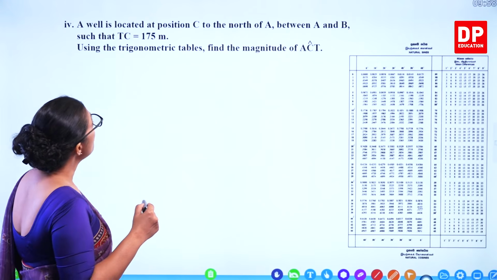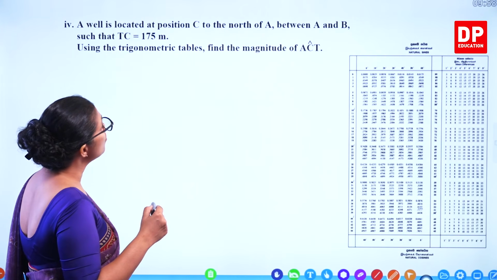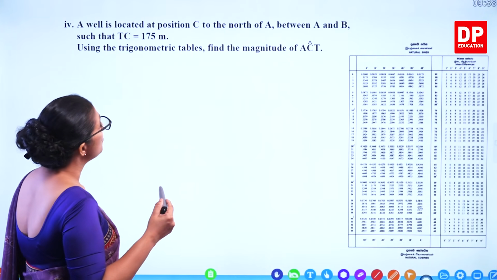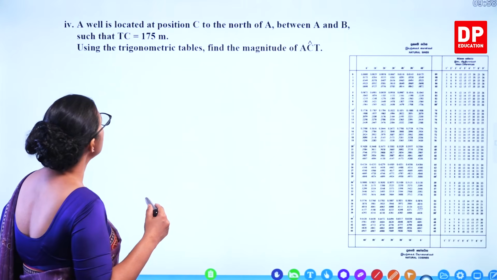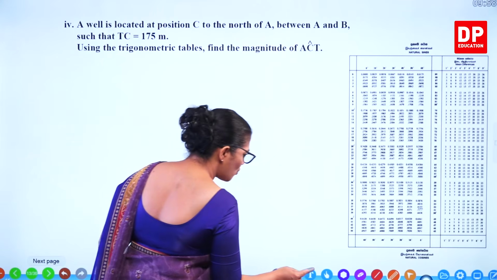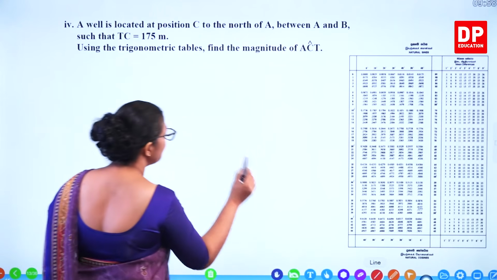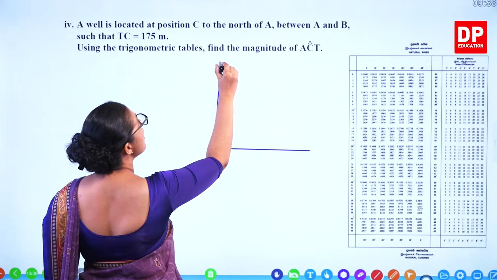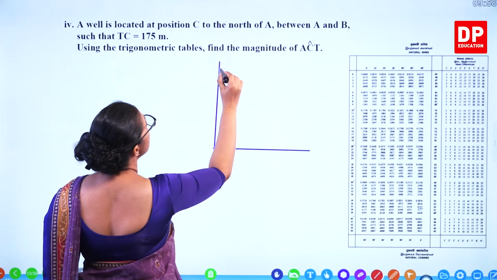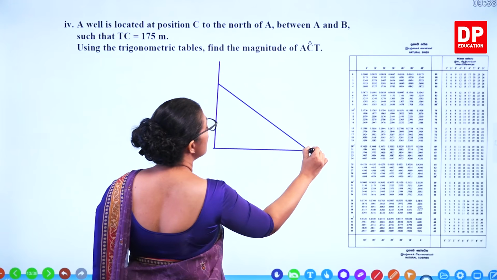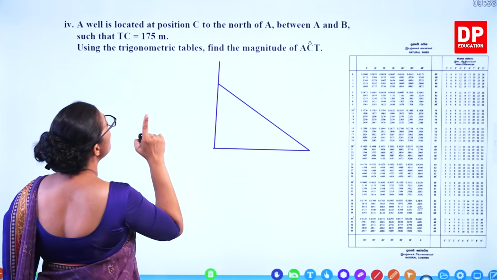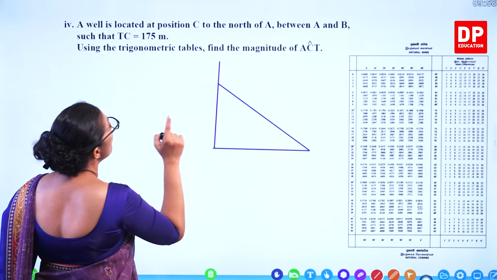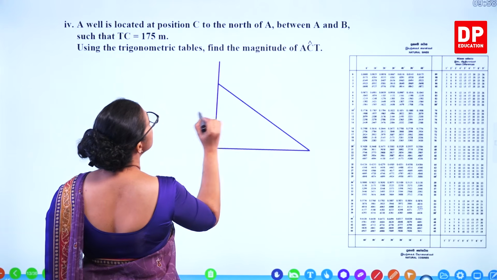A well is located at position C to the north of A, between A and B, such that TC equals 175. So we need to draw the diagram. So can you remember the diagram? It's something like 90 degree here and you got an angle here. Now there's another point C. We'll take this one.